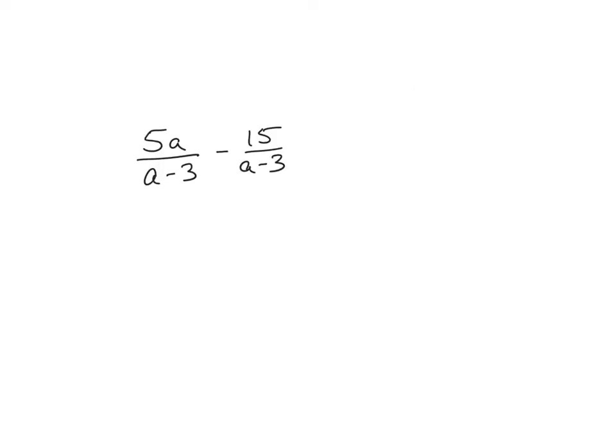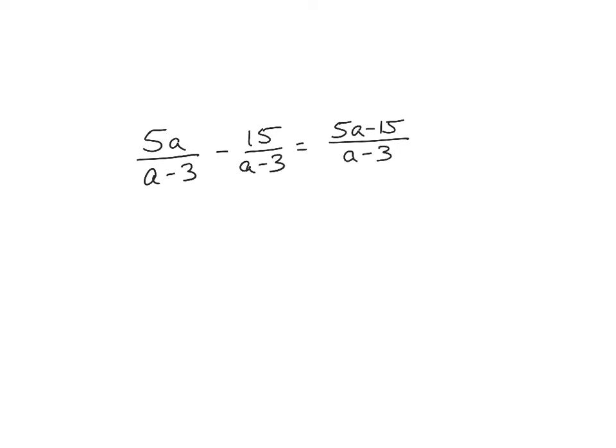So let's turn our attention to doing some with variables in them. Here I have one, and the denominators once again are exactly the same. I am just going to subtract my numerators. I get 5a subtract 15 over a subtract 3.